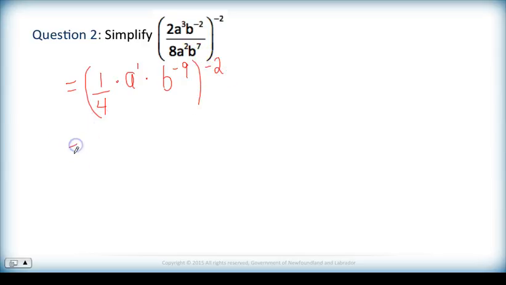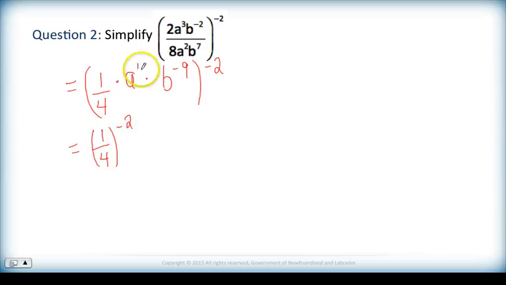But we're going to continue on inside until we can't do anything else further. So we have 1/4 times a to the exponent of 1 times b to the exponent of -9. Well, a and b are different bases. We can't do anything else with that. So maybe what we'll do, we will look at the exponent outside. So you're going to have 1/4 to the exponent of -2 first.